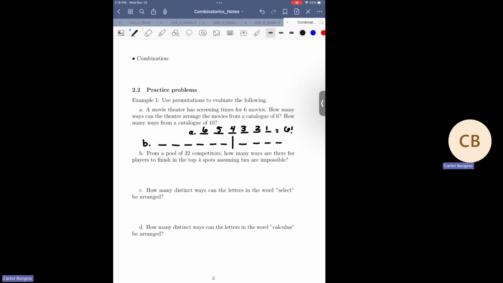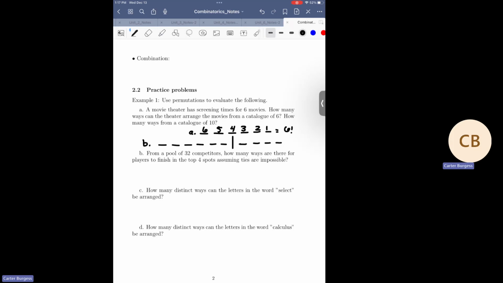The first 6 slots are the movies that we'll actually show. And the last 4 slots are the movies that we don't really care about. Or maybe not that we don't really care about, but they're the ones that don't end up making the cut. They don't get shown.